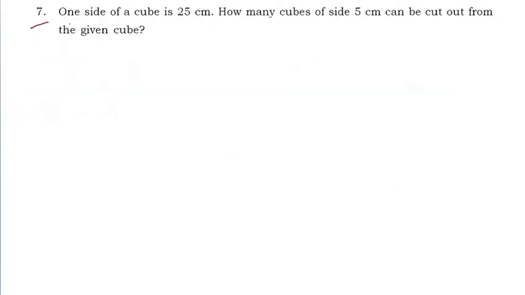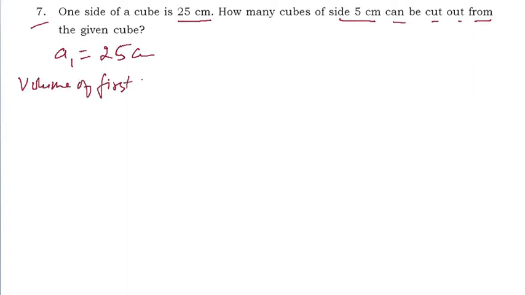Now come to the seventh question. One side of a cube is 25 centimeters. So you can write here A1 is equal to 25 centimeters. How many cubes of side 5 centimeter can be cut out from the given cube? So first, volume of first cube. Here A2 is also given. A2 is 5 centimeter.